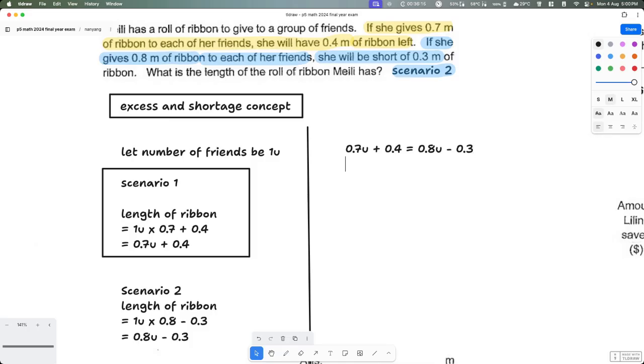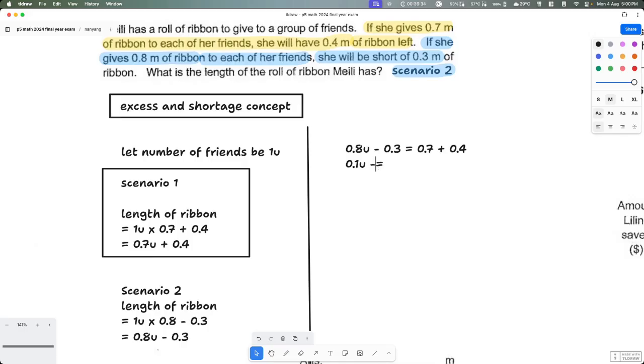I think it's easier like this: 0.8 minus 0.7 would be 0.1 unit.